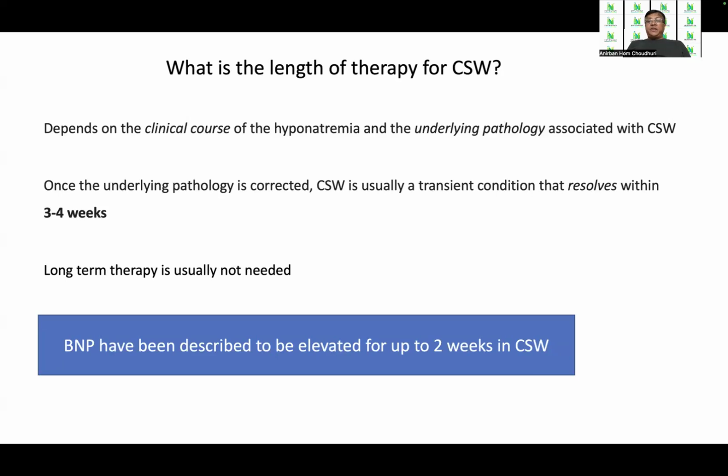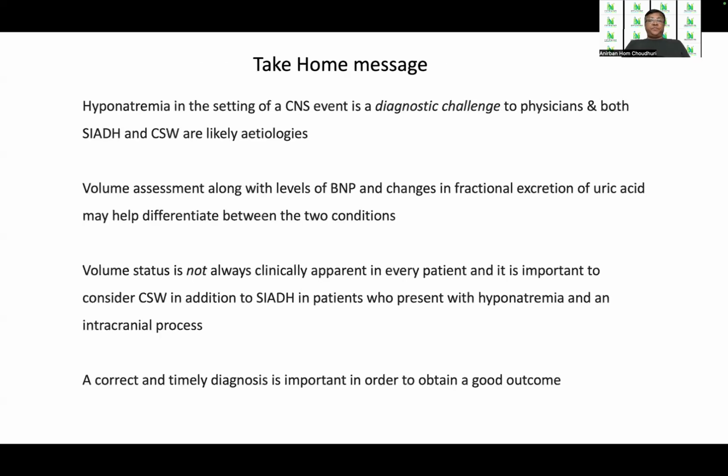However, brain natriuretic peptides have been described to remain elevated for up to 2 weeks in cerebral salt wasting, and therefore their measurement helps us not only to prognosticate the patient, but also to distinguish it initially from SIADH. It is an ancillary aid which can be used to differentiate it from syndrome of inappropriate ADH secretion.